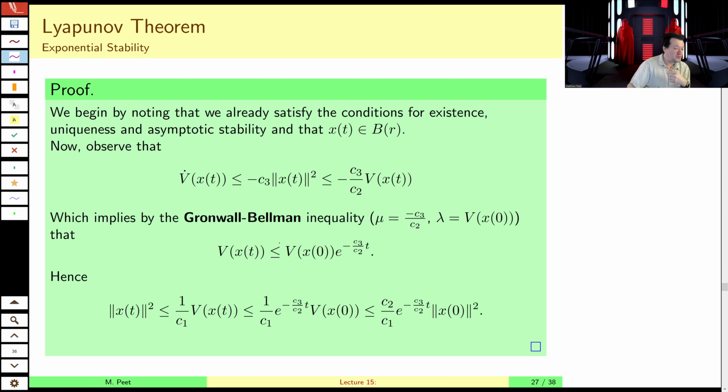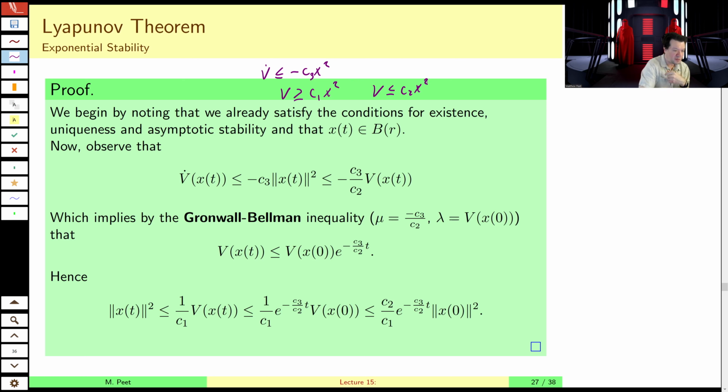So if we look at the proof, remember what the conditions were. V dot is less than negative c3 x squared. V is greater than or equal to c1 x squared, and V is upper bounded by c2 x squared.